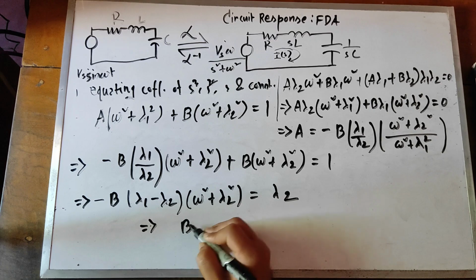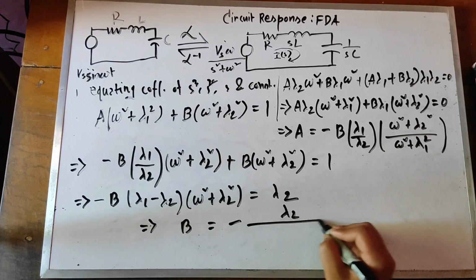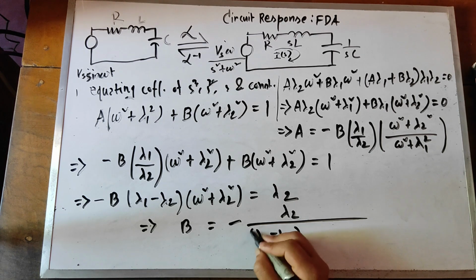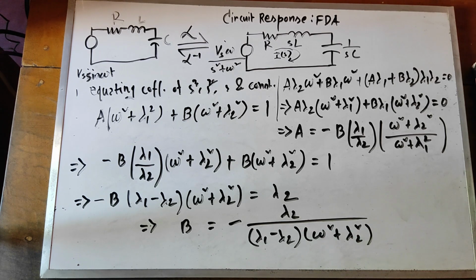So this now gives me B equals minus lambda 2 by (lambda 1 minus lambda 2) in the denominator, (omega square plus lambda 2 square). So this is the expression for B.